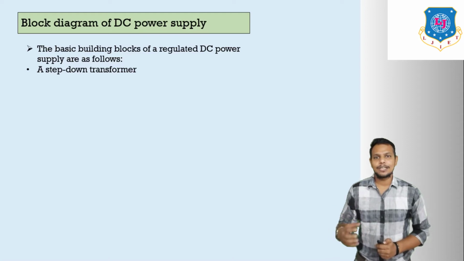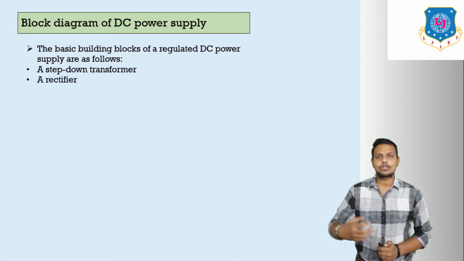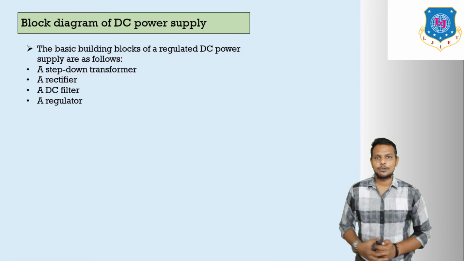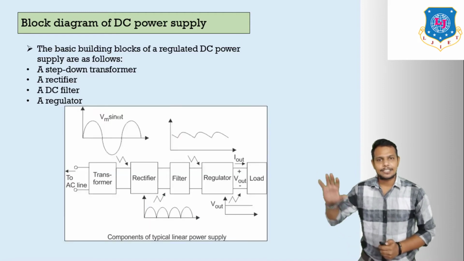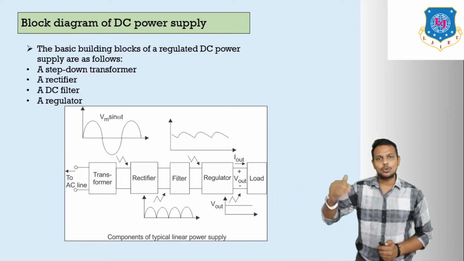Here we use a step down transformer in every application of the PN junction diode. Then we connect a rectifier, and the third block is the DC filter, and the last one is the regulator. This block diagram indicates how we convert an AC to a DC waveform.